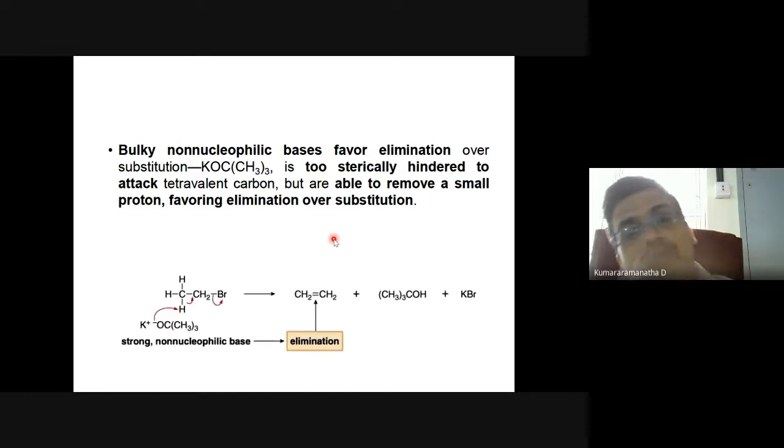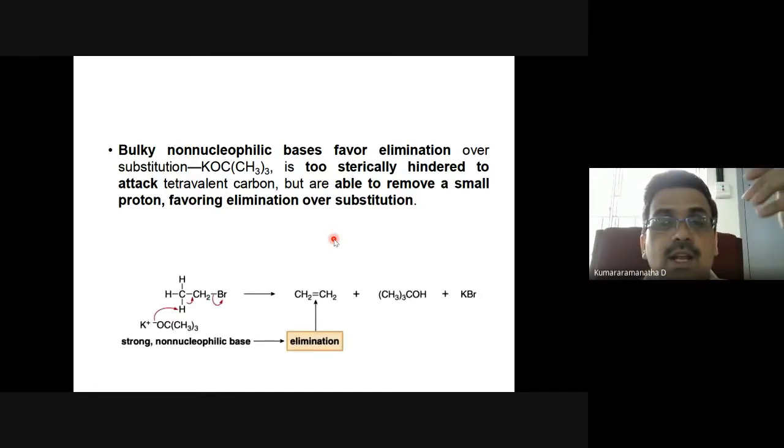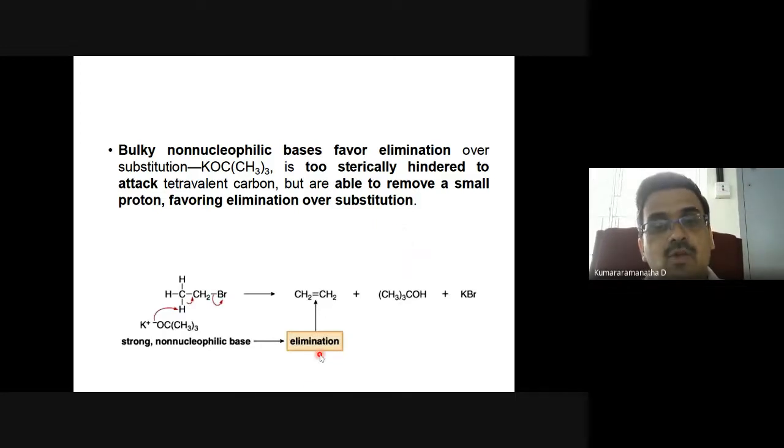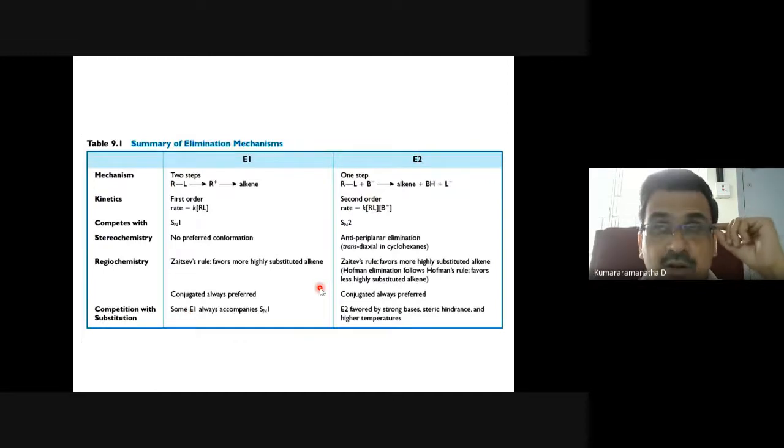But you see when you have a stronger base like this, depending on the steric hindrance and also how the tetravalent carbon is stabilized, you will get more of elimination reactions like this.